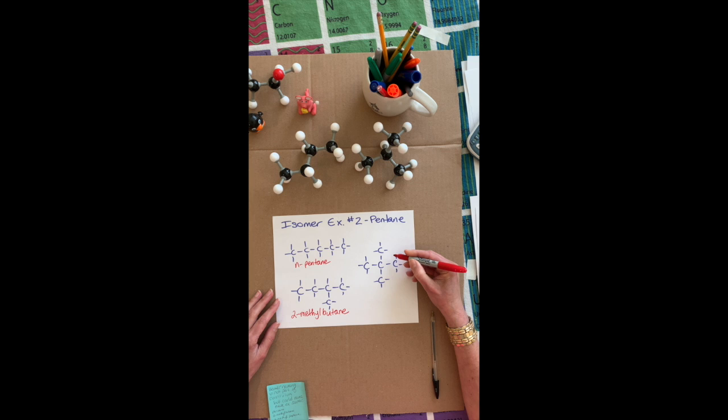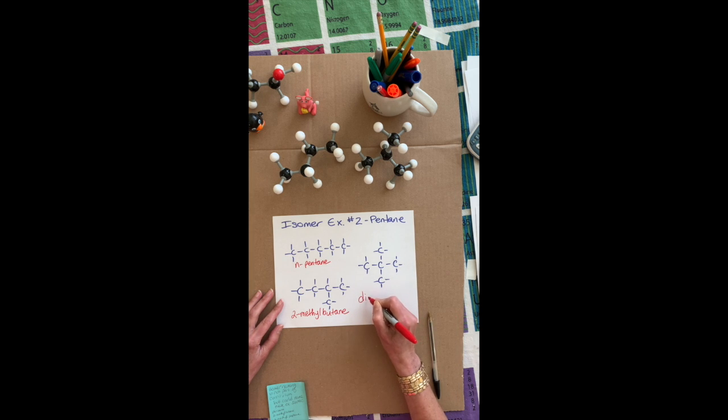Well, look at this. We also have another 5 carbon isomer. And in this case, you have the parent propane, and you have a methyl group and another methyl group coming off of that parent, we're going to call that dimethylpropane.